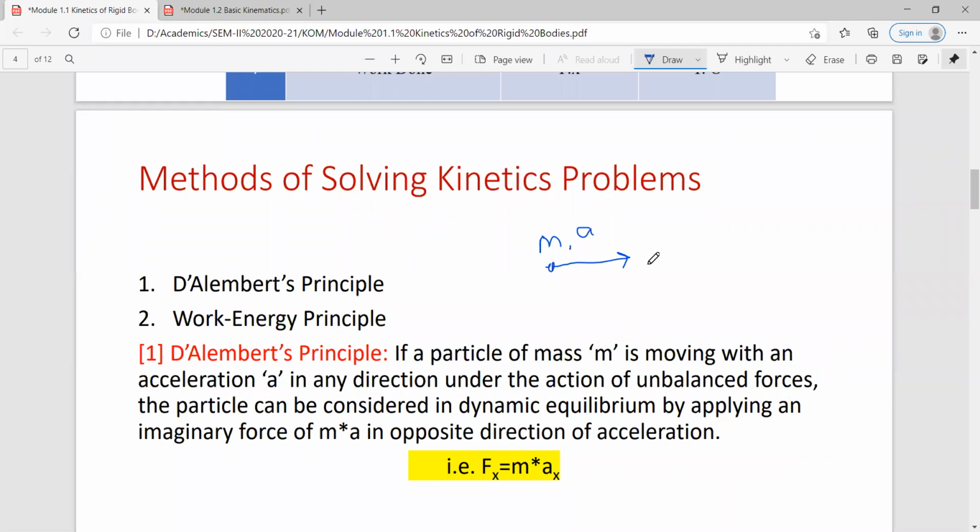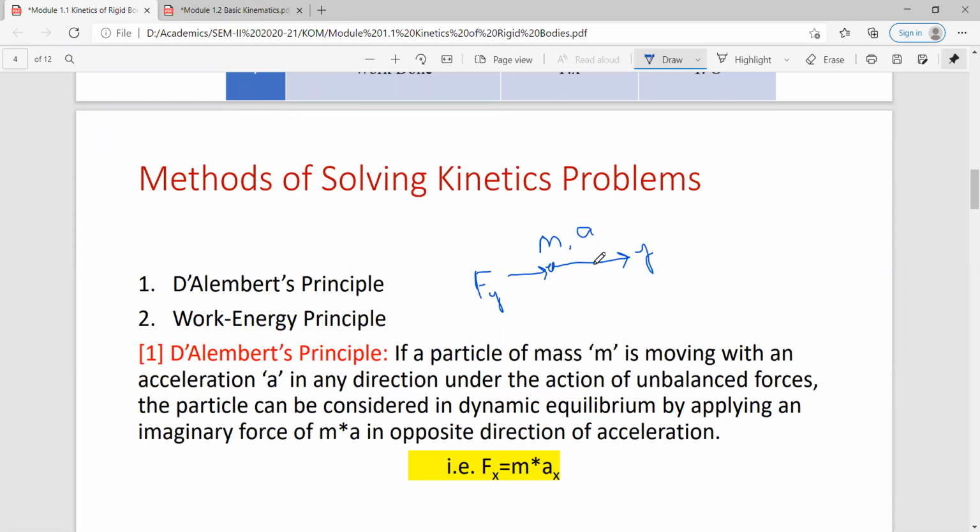Say this direction is direction y. As it is under unbalanced forces, there might be some resultant force in y direction. Because of that, this object is in motion.